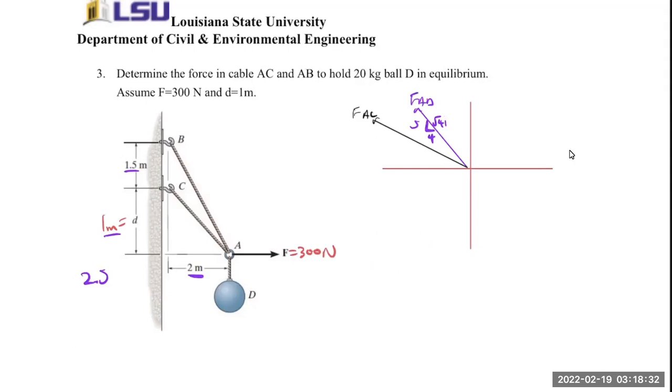And then my FAC is only 1 in the y and then 2 in the x, and then I get square root of 5. Okay.